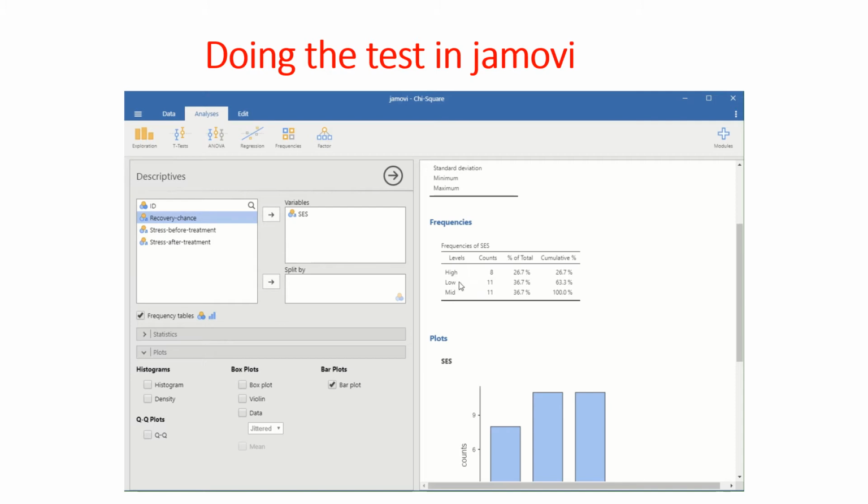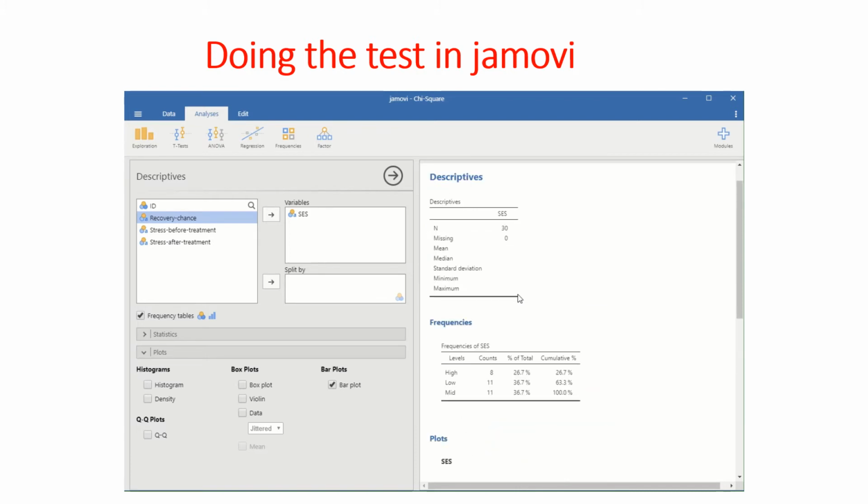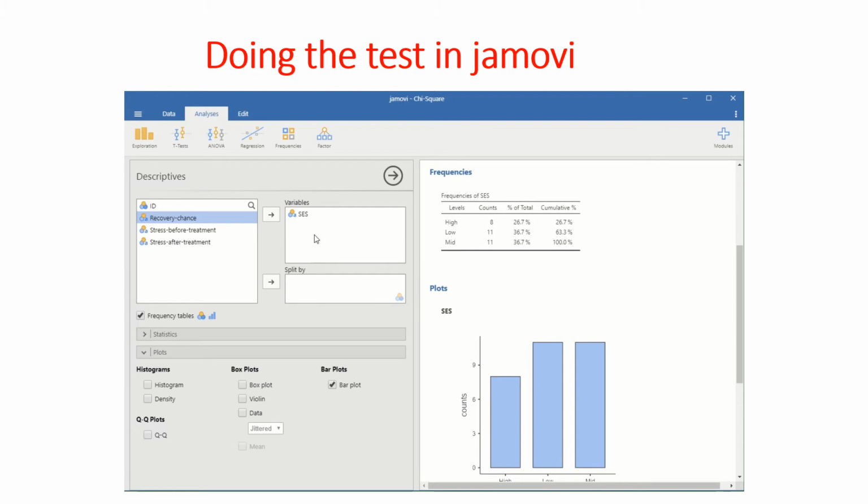You can see a difference between high and low and between high and mid. So now the question is whether this difference is big enough to reject the null hypothesis. There is a difference here, but we're not sure whether it is big enough. Now let's go and do the test.